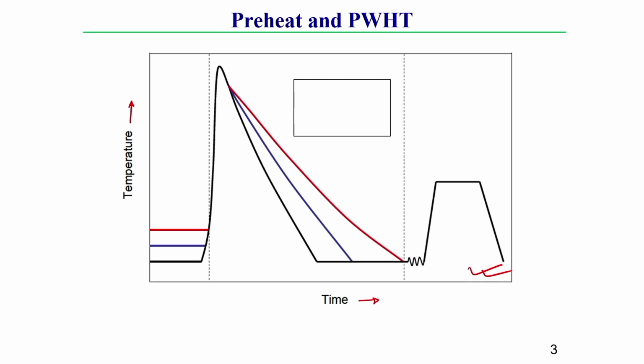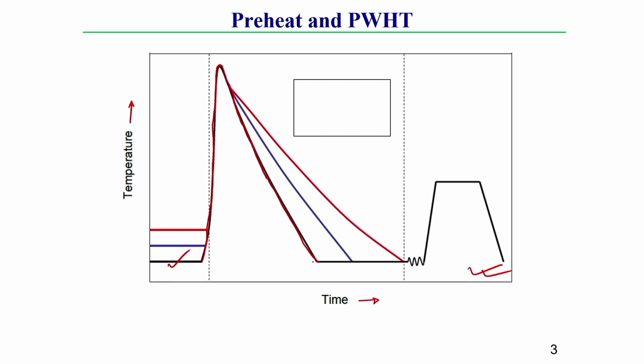From here what you can observe is that this first black line starts from room temperature or ambient temperature, and after that it is heated by the welding heat source. Once the welding heat source moves away from that point, the way the temperature cools down is represented by this black line.